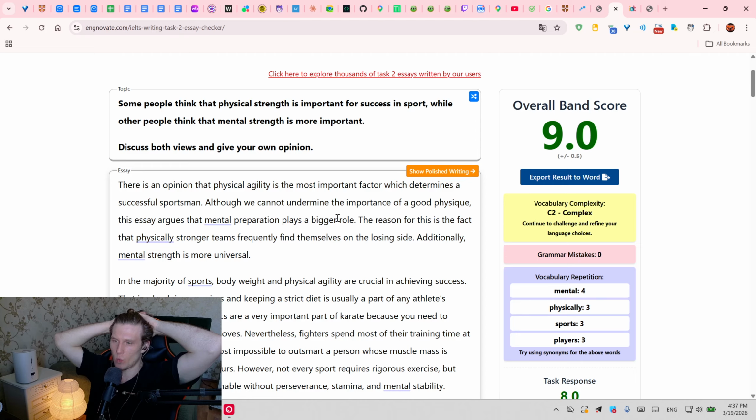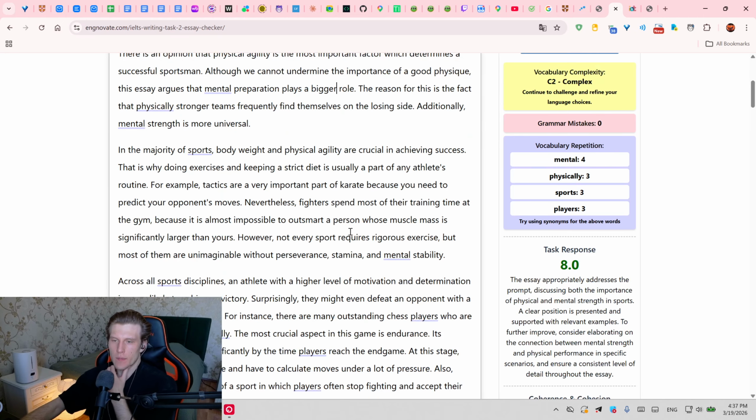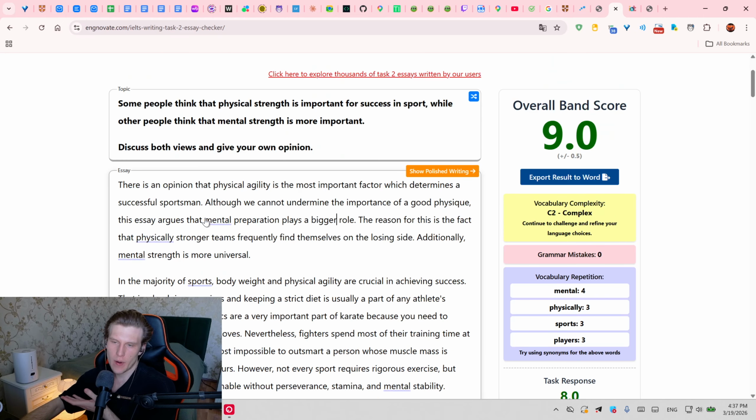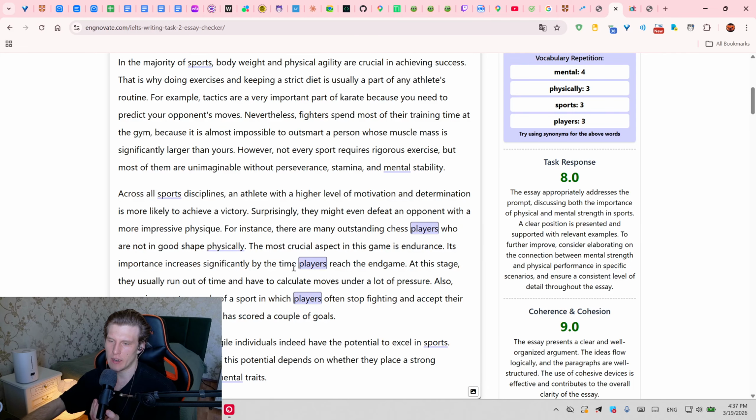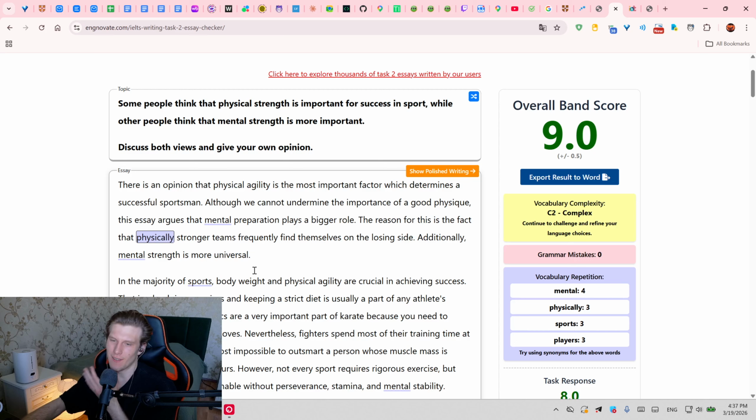I used a lot of words here, a lot of synonyms in this essay. And that problem, remember I told you that we're not correcting this constant mental stuff, players, physically, mentally. We will just ignore it, because this is the smallest issue you might have in your essay.